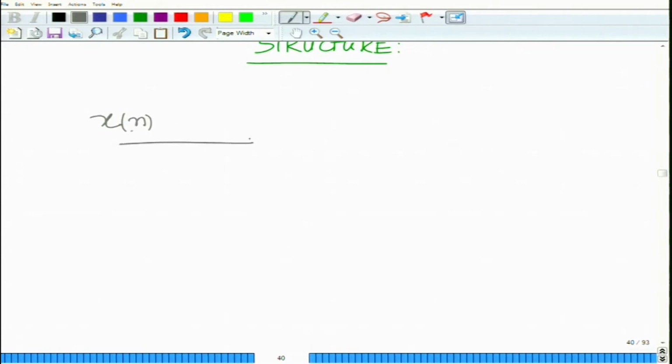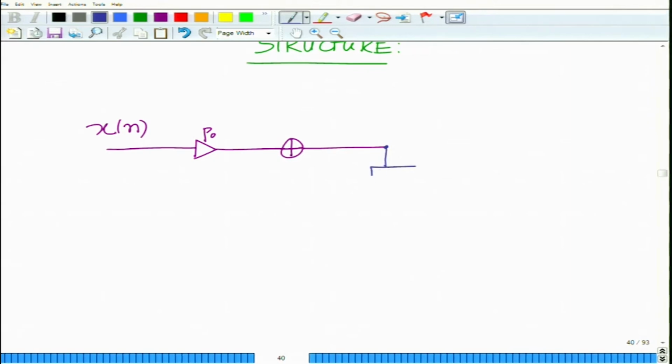So, x[n] goes through p naught, and then we have z inverse and we have the adder over here, and this will go to another gain.